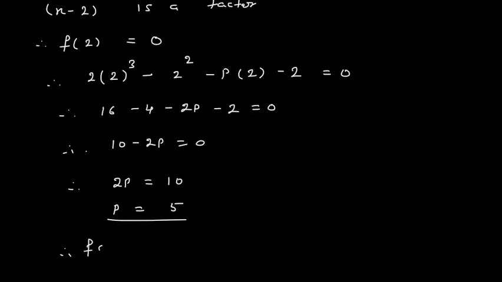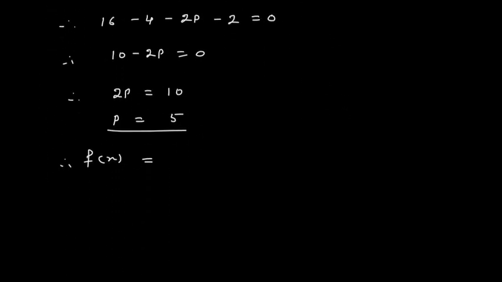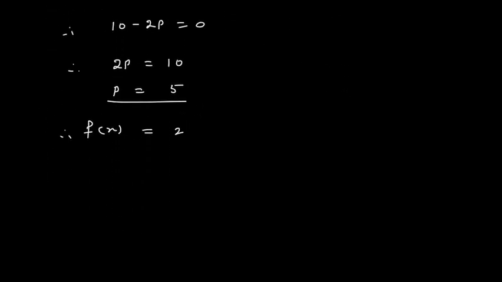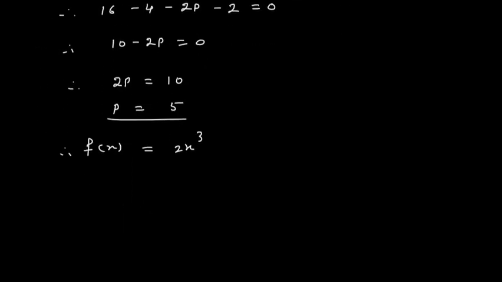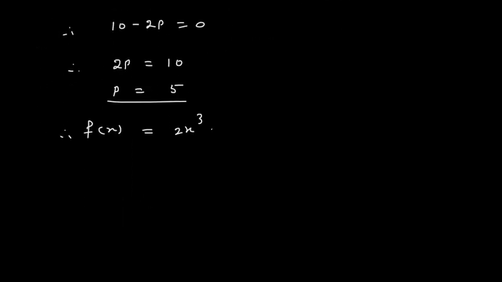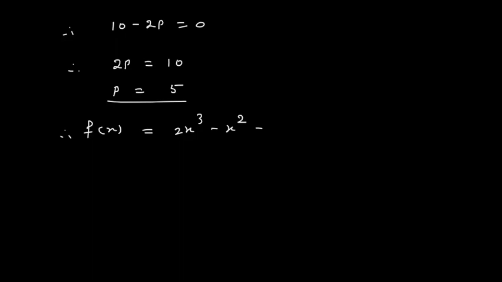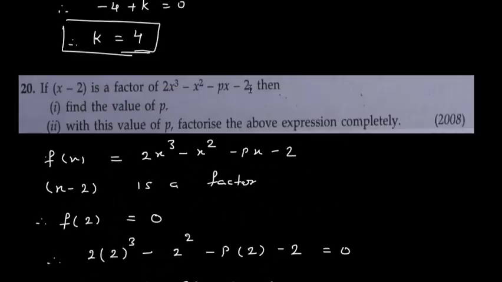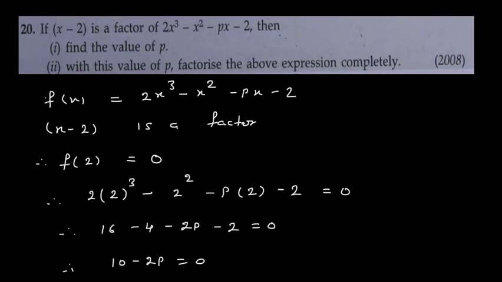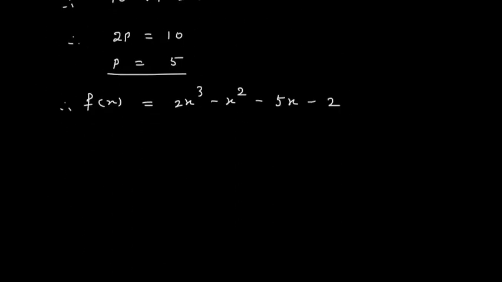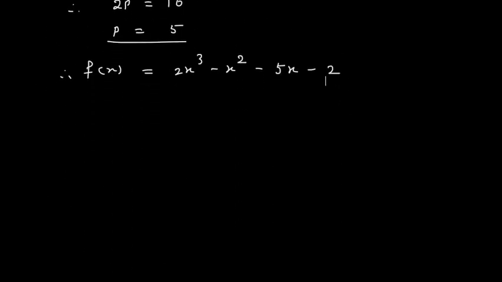So therefore f of x is equal to 2x cube minus x square minus px, so it is 5x, minus 2. And for this polynomial, x minus 2 is a factor. So we divide this by x minus 2.